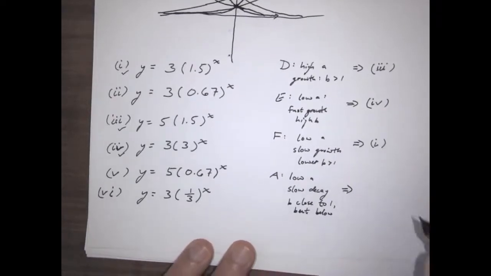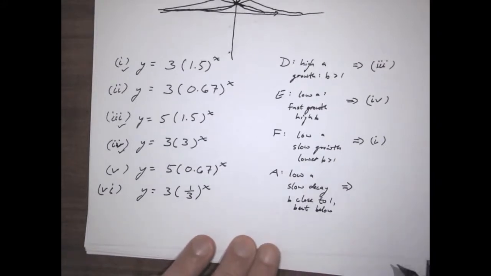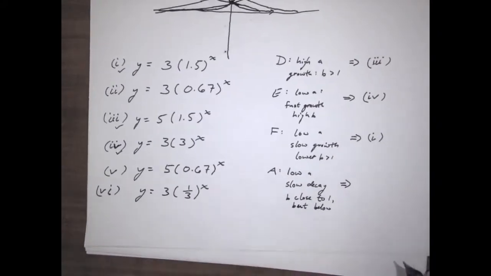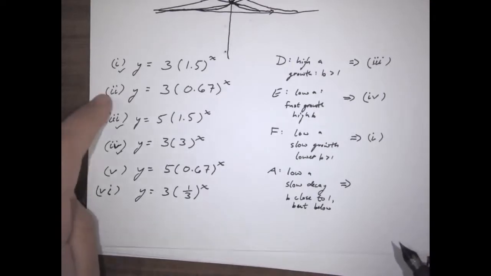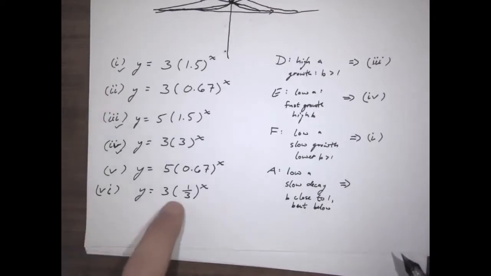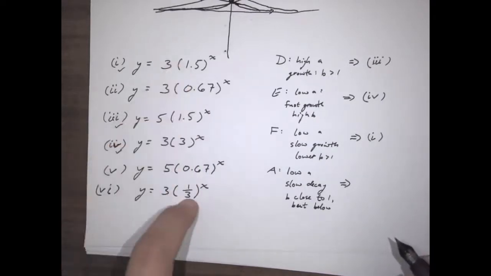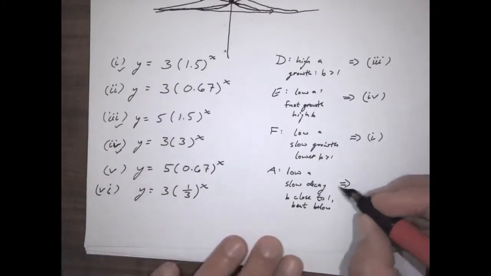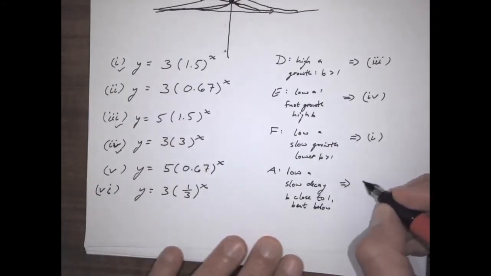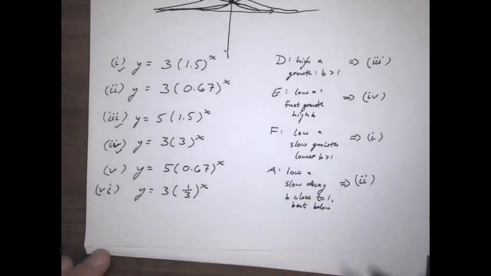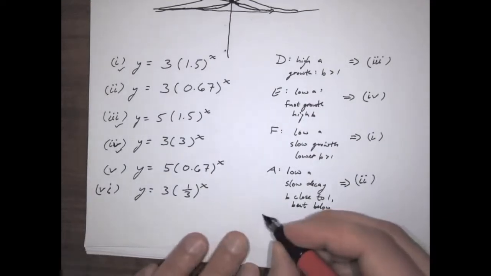So out of the options that remain, we are still looking at the value of 3, but it has to be the milder decay. And if you look at the two options, there's 2 and there's 6. One of them has a b that's much smaller than the other one. This is like 0.33 instead of 0.67. So we're talking here about function 2, because it didn't drop as fast as b did.